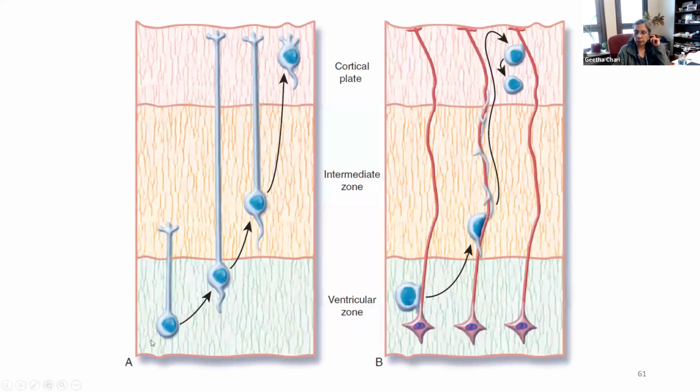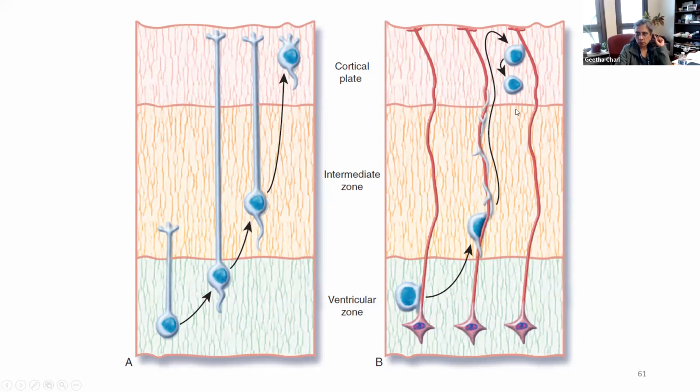The migration can occur very early on by the whole body of the cell. That's called the soma, so it's also called somal translocation. So the whole body moves from the ventricular zone all the way to the end of the cortex. And then later on, when the radial cells develop their processes, the soma can move along with the radial glia and then travel up to the cortex.